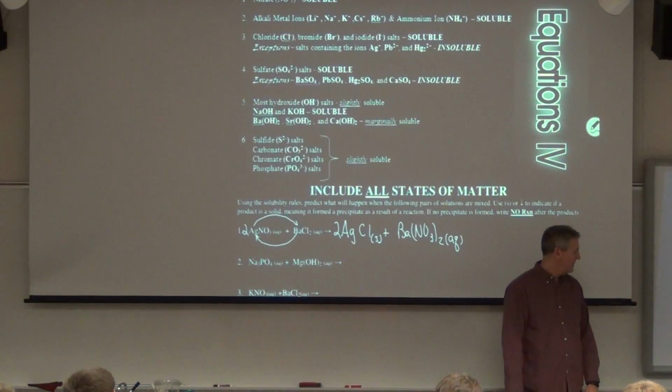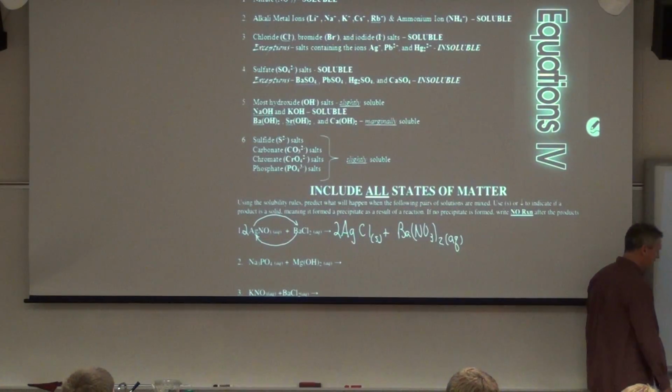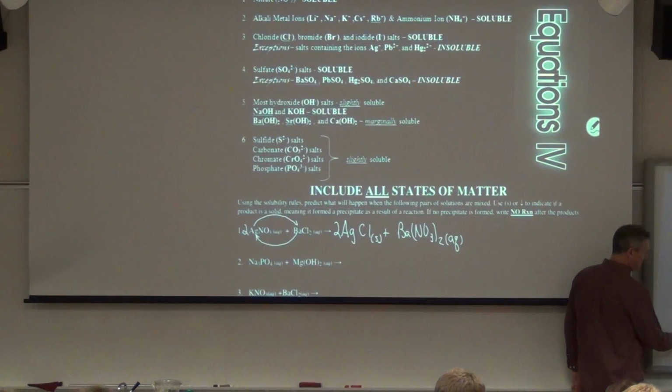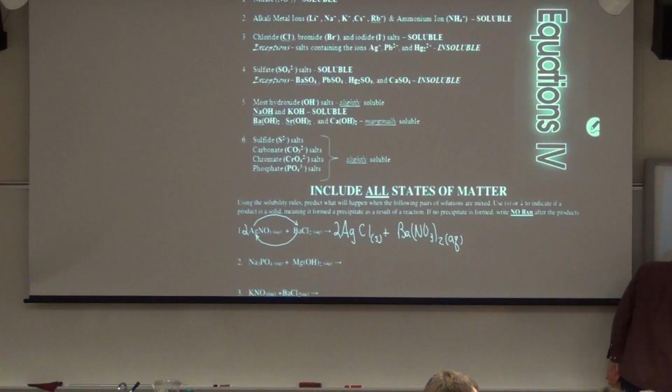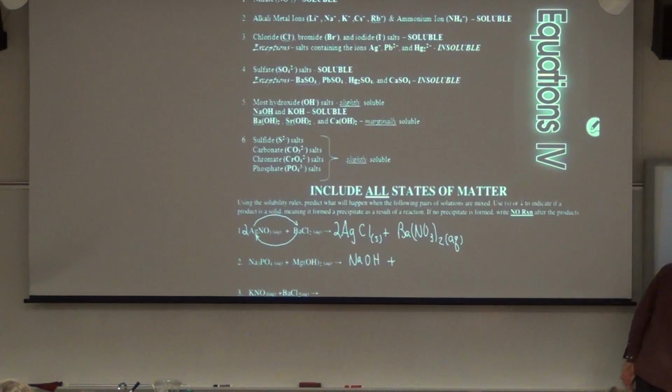Sodium phosphate, magnesium hydroxide. Go ahead and switch your ions. Our sodium is going to the hydroxide. Our magnesium is going to the phosphate.